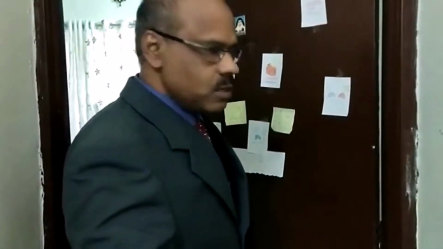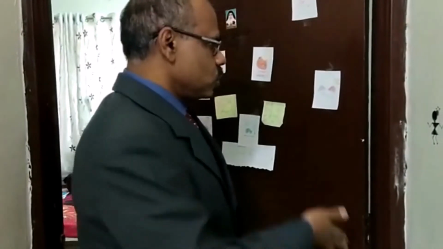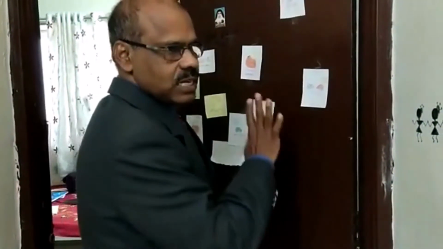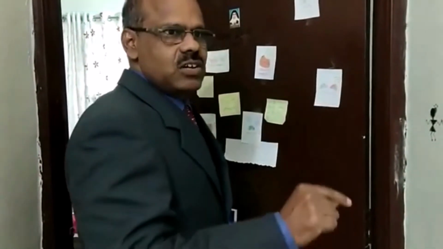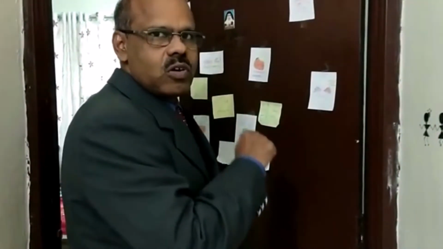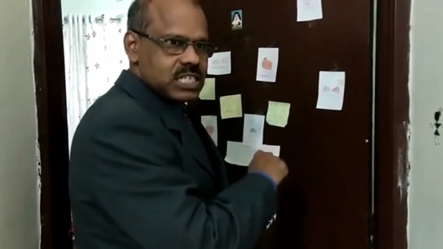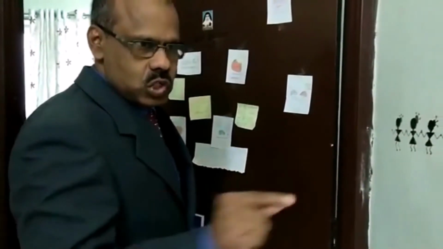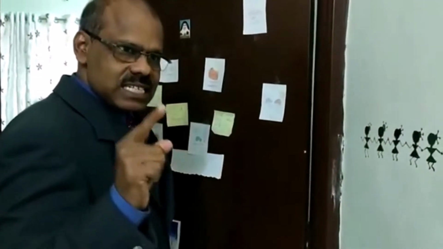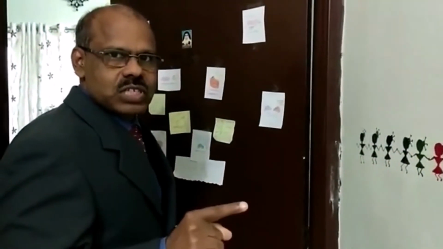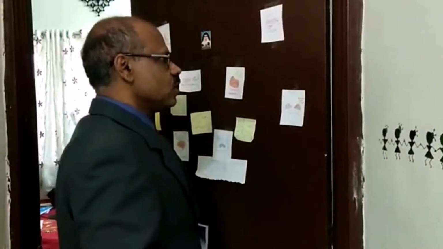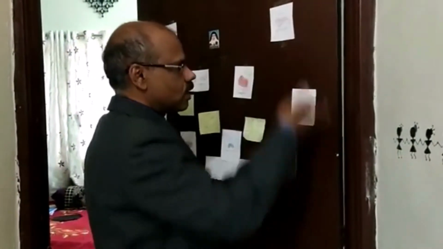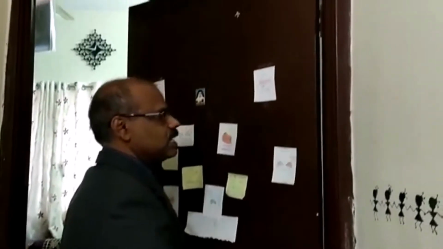Suppose I want to bring this door somewhere here. Is it possible? Horizontally, I cannot move this door here as well as there. It means there is a restriction on the horizontal movement of this hinged door. Since there is a restriction, otherwise a prohibition, there is a reaction, and that is a horizontal reaction. Also, if I want to move this door up and down, that is also not possible.